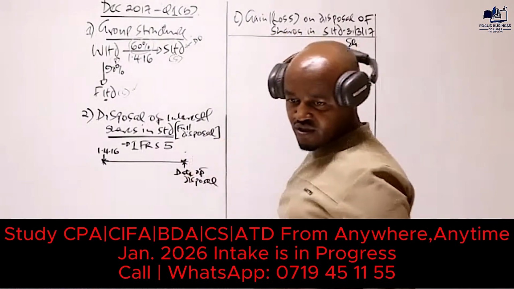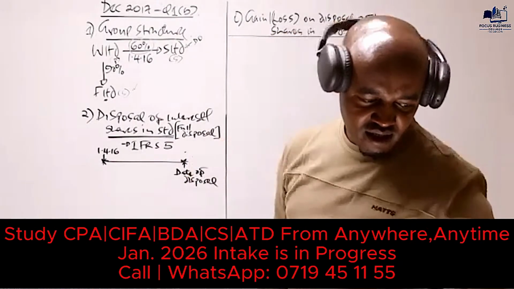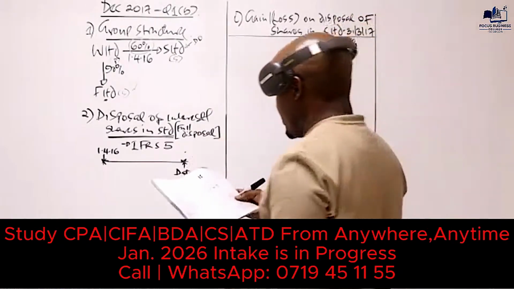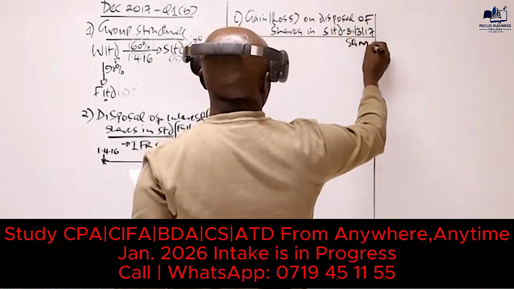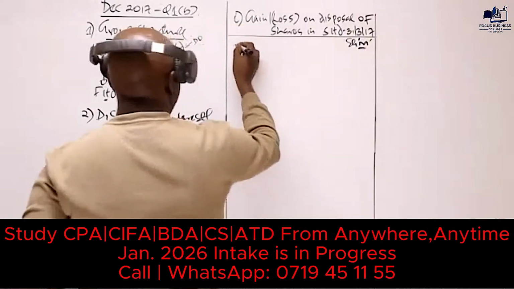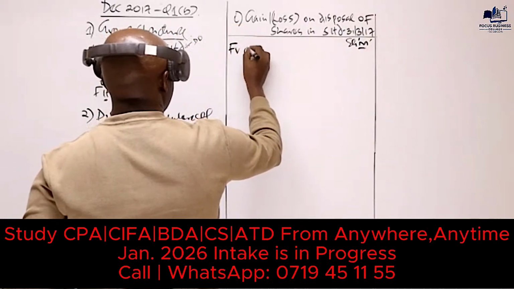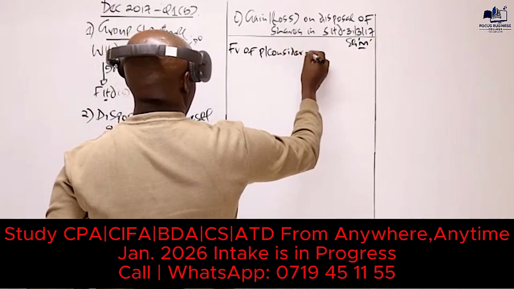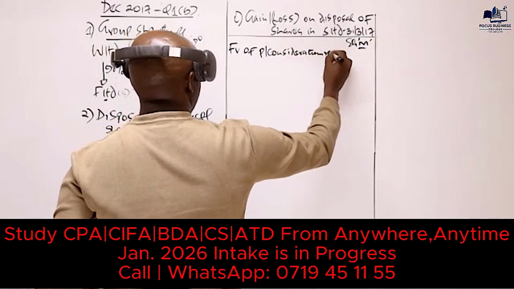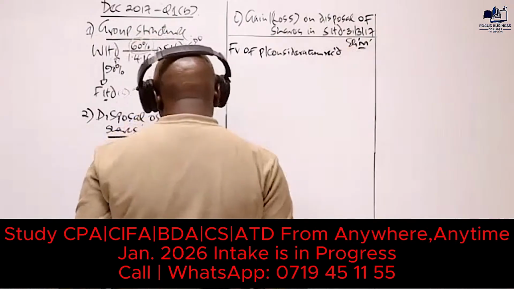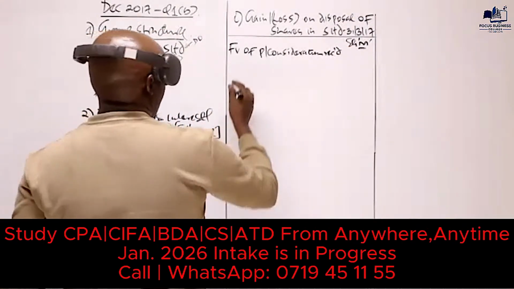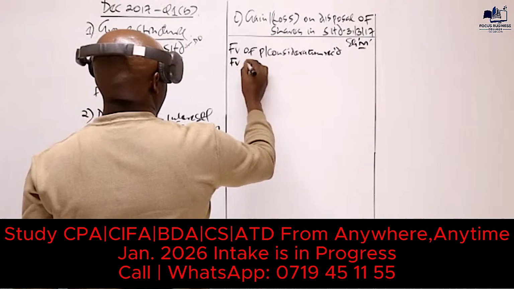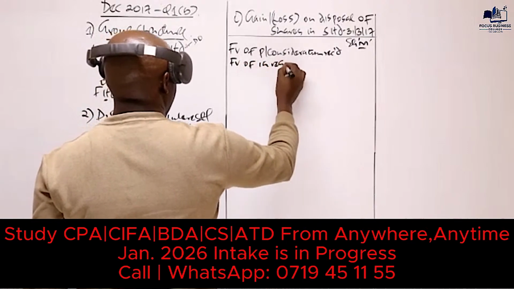Remember, in this case we should have just a single column, and our figures are given in millions of shillings. Here we start with the fair value of the purchase consideration which was received. Always this one will be provided by the examiner. To this we add the fair value of the investment retained.